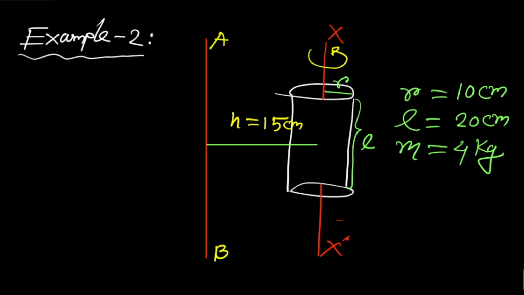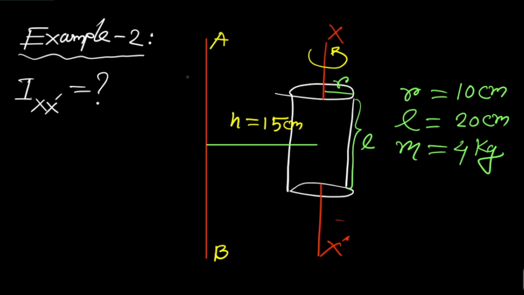Okay, now our question is like this. Suppose part C: find the moment of inertia along the x prime axis at first. Okay, our first question is to find the moment of inertia with respect to the x prime axis.